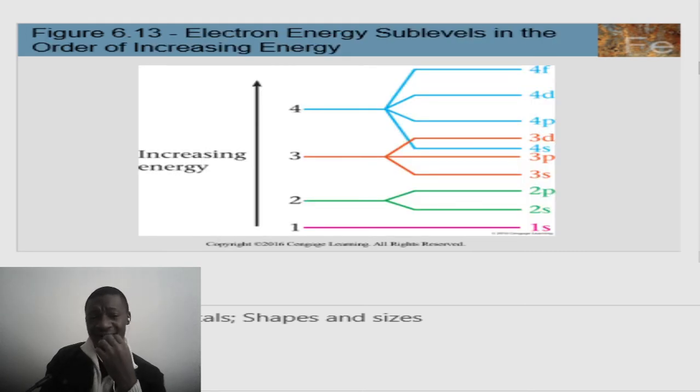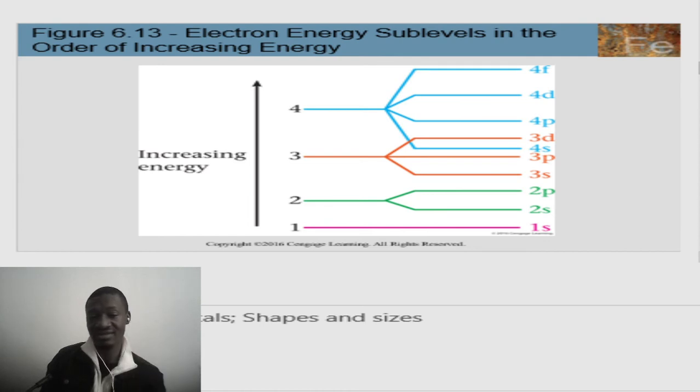So this is how you write the order, the configuration, how you write it down. So it's 1s, and s has 2 electrons max, p has 6 electrons, d has 10, and f has 14.